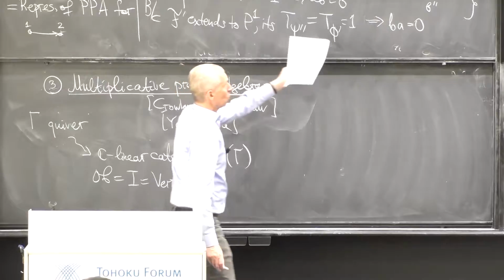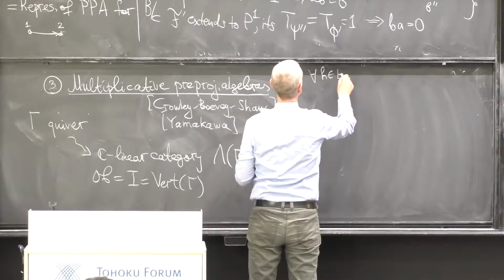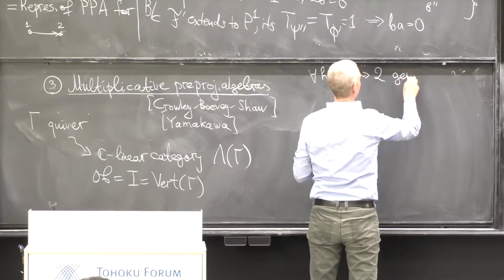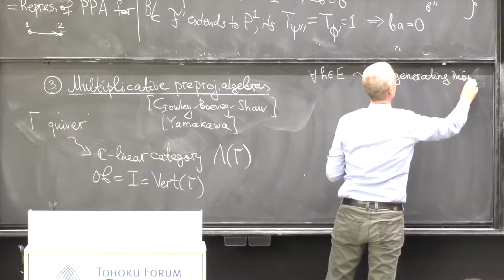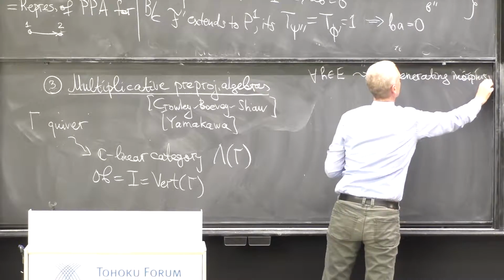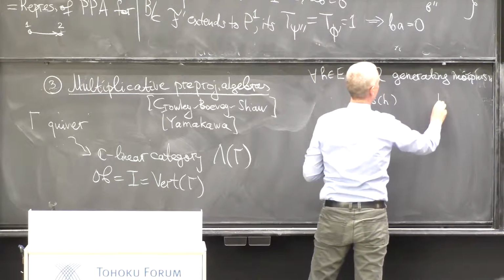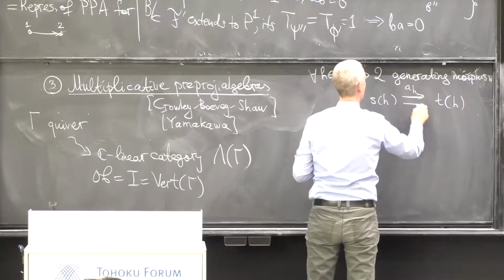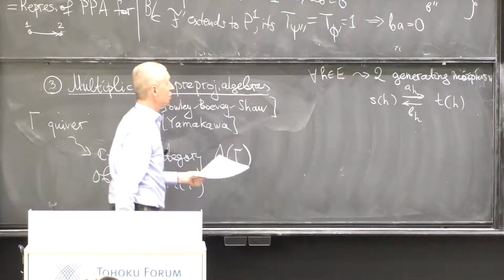As in the ordinary pre-projective algebra, for every arrow H we have two generating morphisms, between the source of H and the target of H. This morphism would be A sub H, this morphism B sub H, subject to relations.